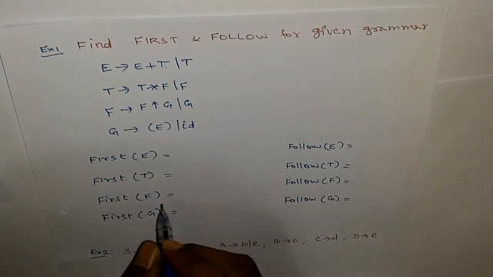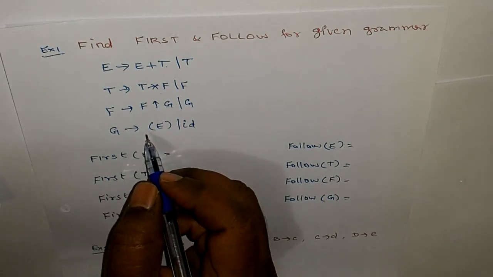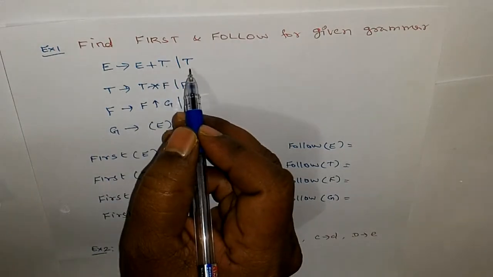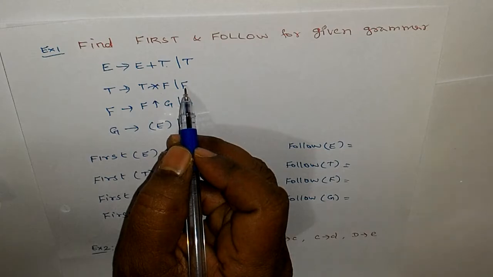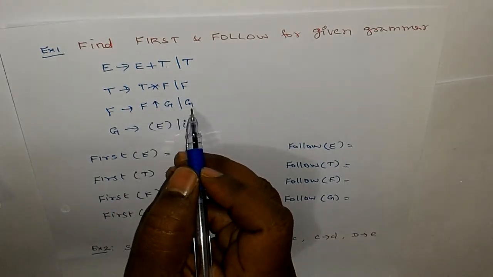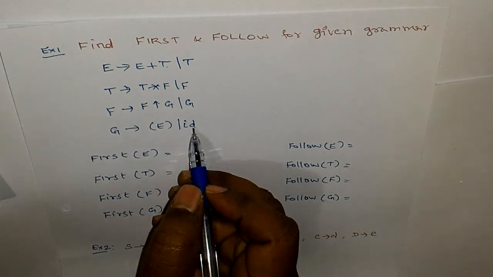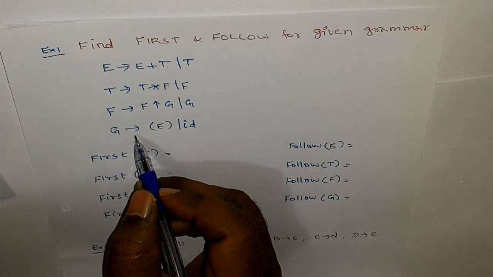So we will start from a terminal which belongs to some variable. Here it is not having the terminal alone, here also it is not having the terminal alone, but here G is having the terminal alone. So we will start from G to find the first.